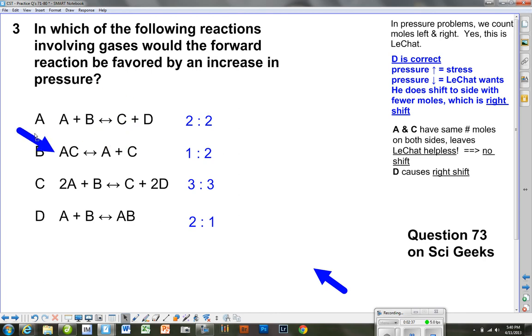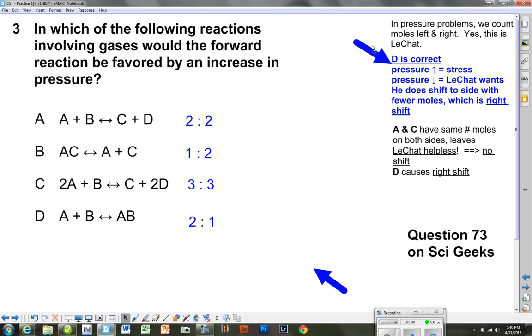Here we have 1 on the left because AC is the reactant, and then 2 on the right because A and C each have a coefficient of 1. Now here we have 2 A's and 1 B, that makes 3 on the left. 1 C and 2 B's, which makes 3 on the right. And then A plus B, each being 1, is giving you AB, which is only 1. So we have 2 on the left and 1 on the right.